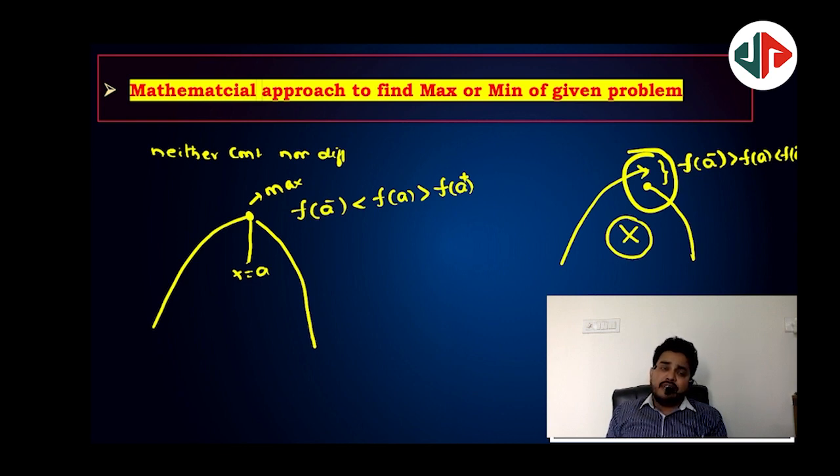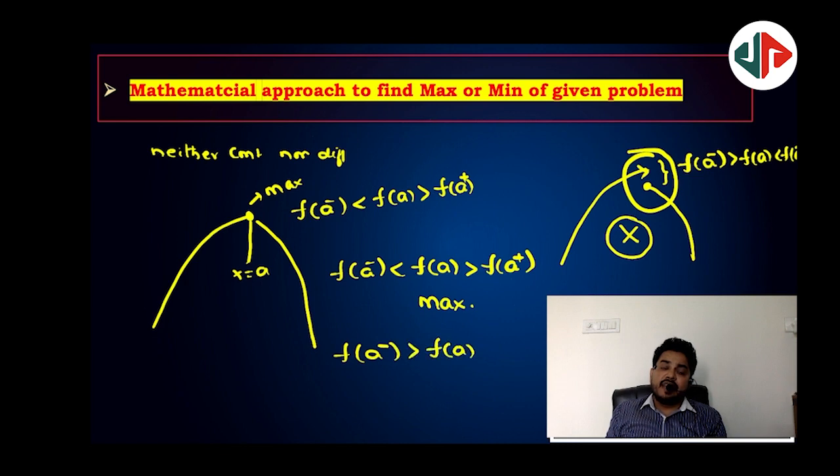For this type of case, the only condition is f of a minus is less than f of a, which is greater than f of a plus. This is the maxima. If f of a minus is greater than f of a, which is less than f of a plus, in this case we call it a minimum. The previous two cases can also be solved using this part.